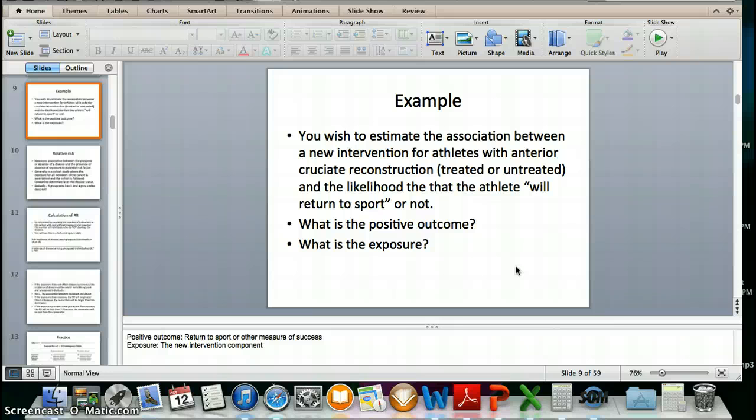For this example, the positive outcome is to be able to return to the sport, or to some degree of some other measure of success. Okay, so something close to returning to the sport, or as close to returning to the sport as possible. And the exposure for this would be the new intervention, because that's what you're looking at.